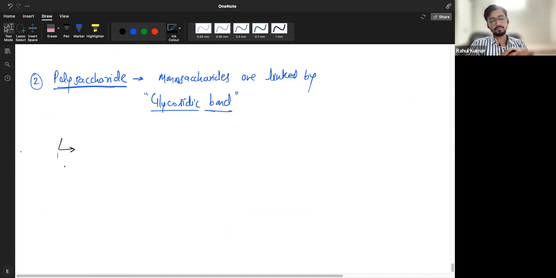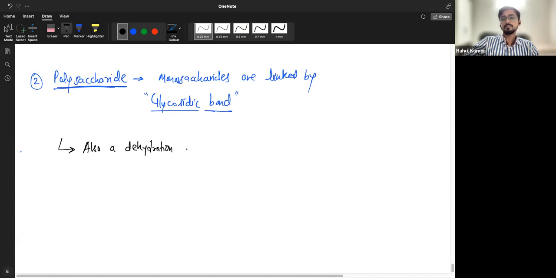In this, you don't need the structure, but just write down. This glycosidic bond is also a dehydration reaction. So here also, what is happening? Elimination of water.